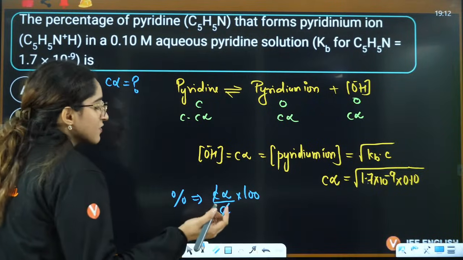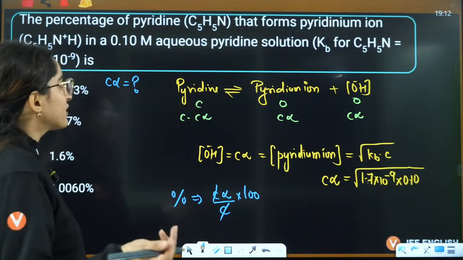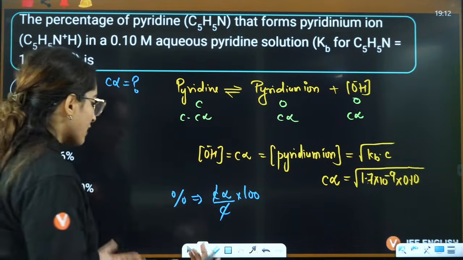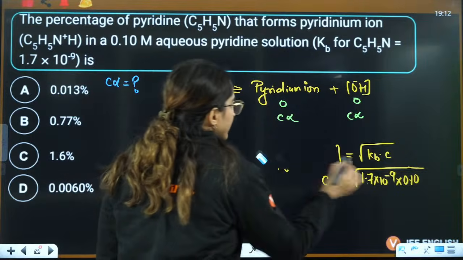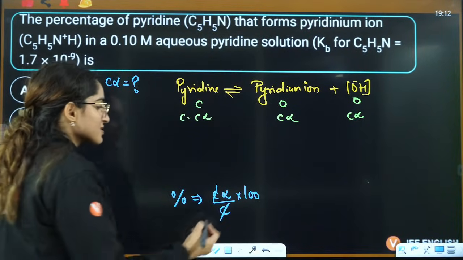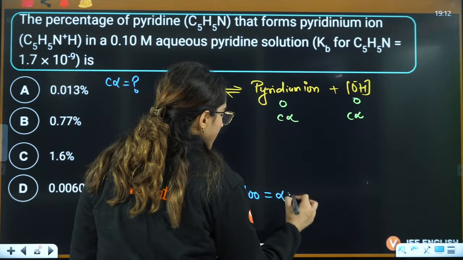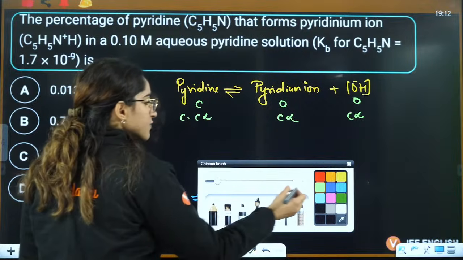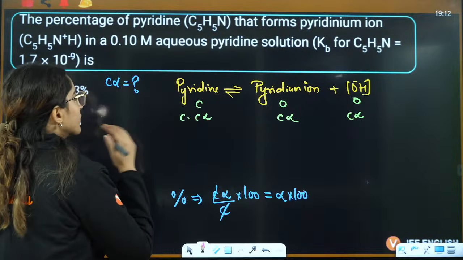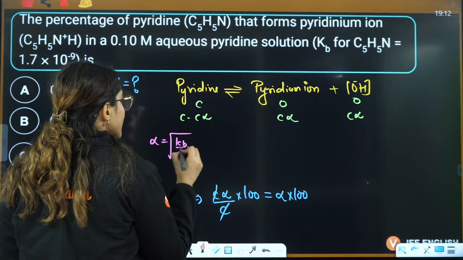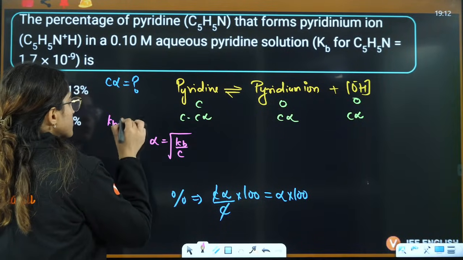So that is even simpler. You just have to calculate the value of alpha here. Don't calculate C alpha, calculate the value of alpha. Why are we calculating that? Because eventually C is going to cancel. They are asking you alpha multiplied by 100, right? So how do you calculate alpha? Alpha is equal to under root of Kb by C, because Kb is equal to C alpha square.